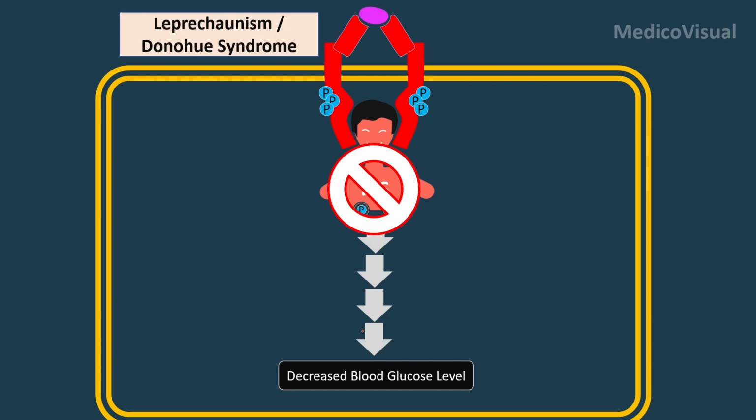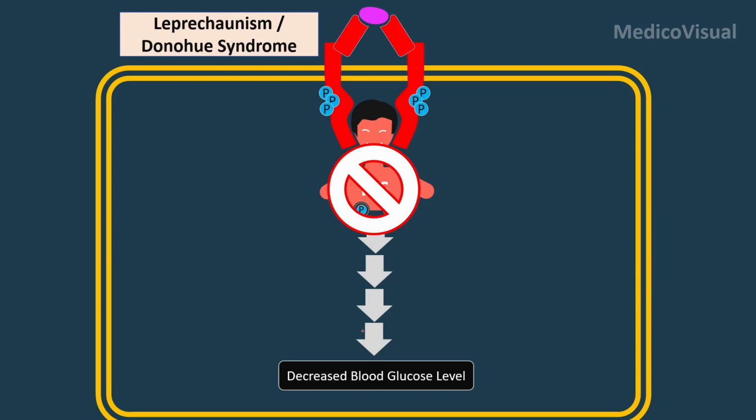You know that insulin is not just a metabolic hormone, it's an anabolic hormone, plus it's a growth factor as well. Cells need insulin for growth and cellular differentiation, especially in prenatal life and postnatal life as well.